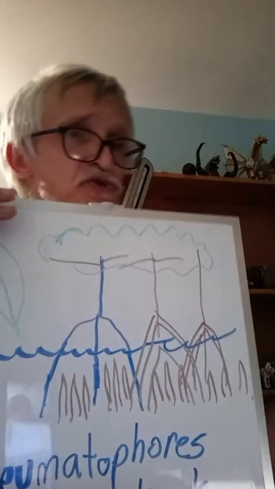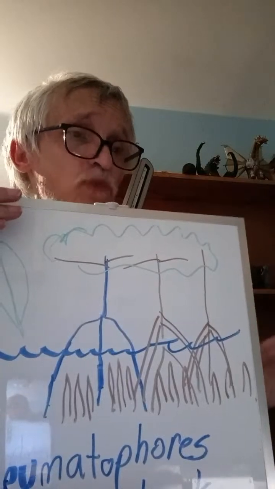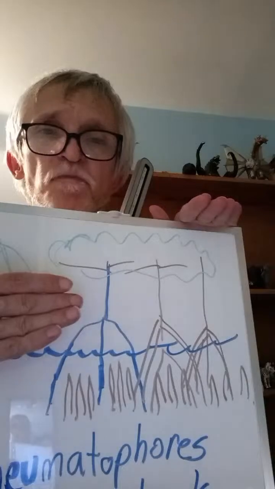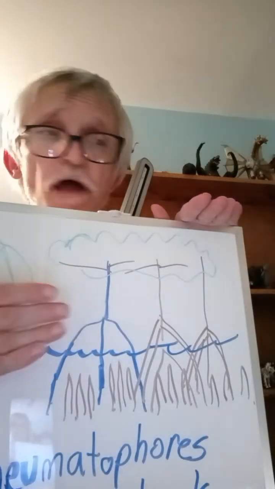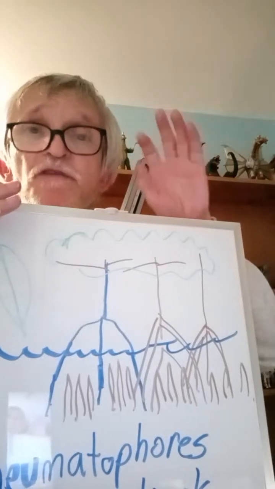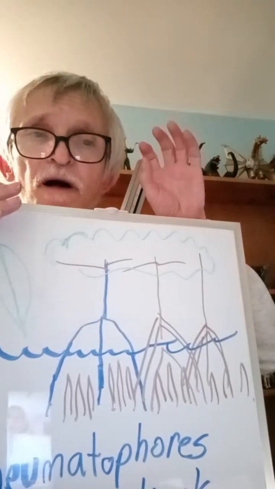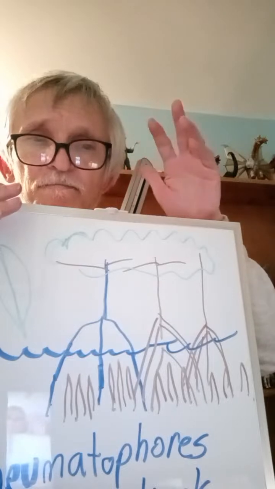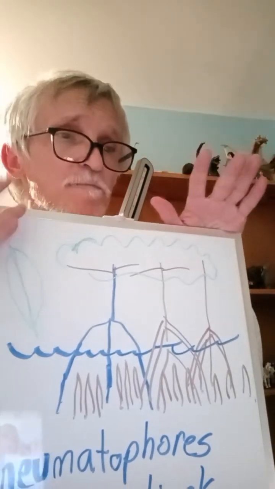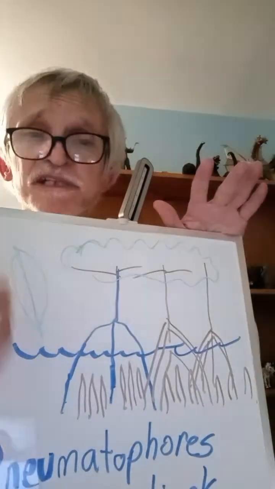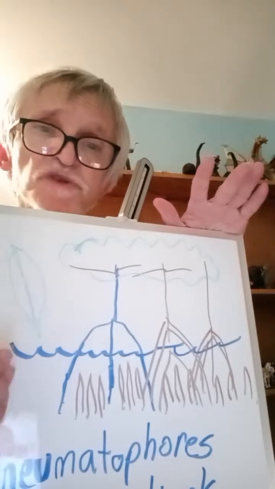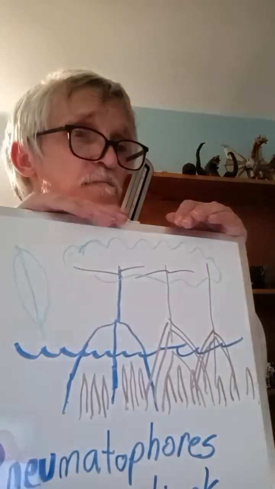Now, they're also unique in another way, and that is when these guys go into flower, and they do flower, the minute that the flower is fertilized, pollinated, whatever word you want to call it, the seed begins to germinate. That means it starts to produce roots and leaves.